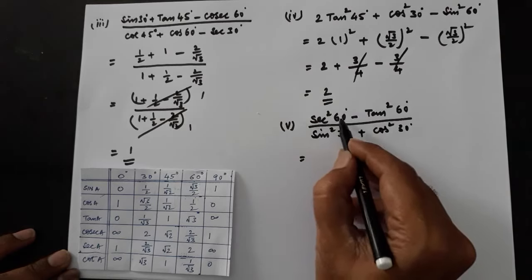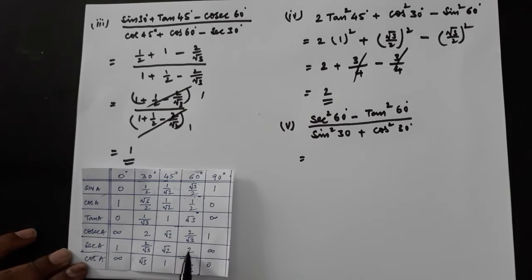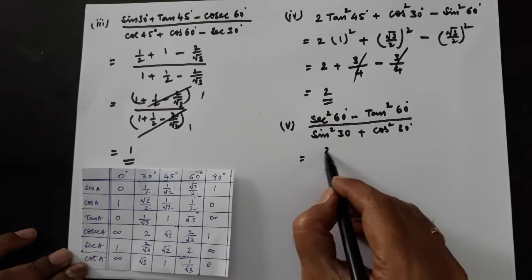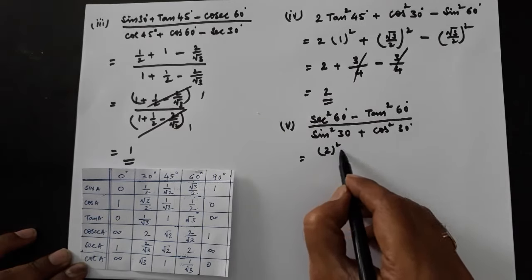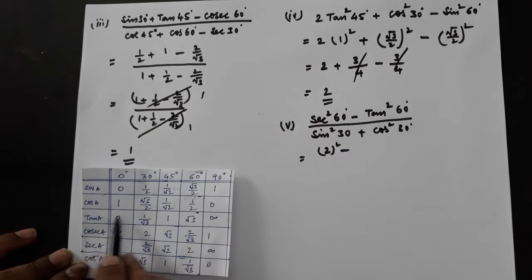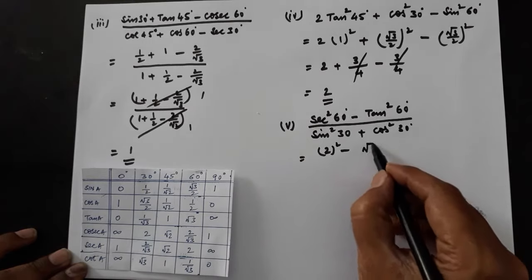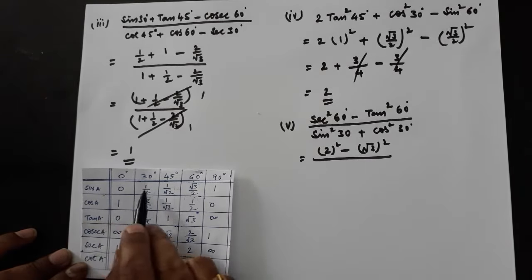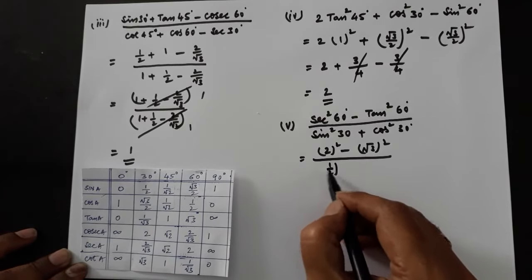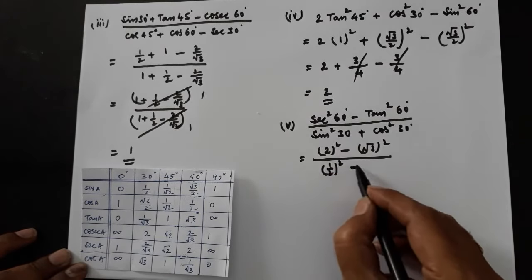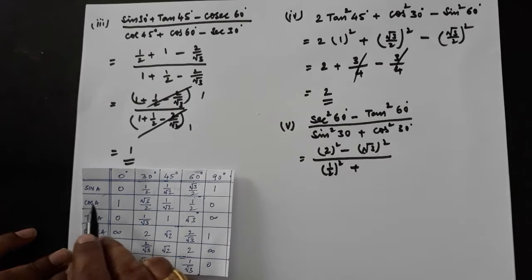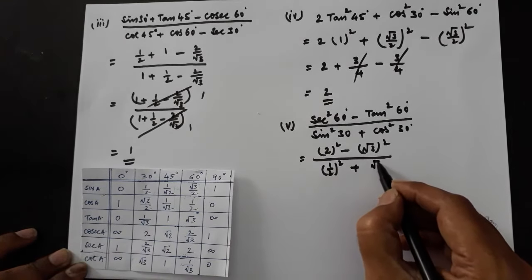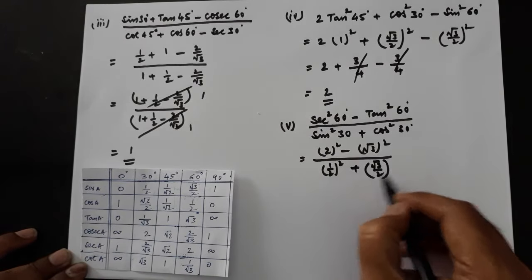So secant 60 is 2, square. Minus tan 60, root 3, square, divided by sin 30, which is 1 by 2, we have square for everything, plus cos 30, root 3 by 2, square.